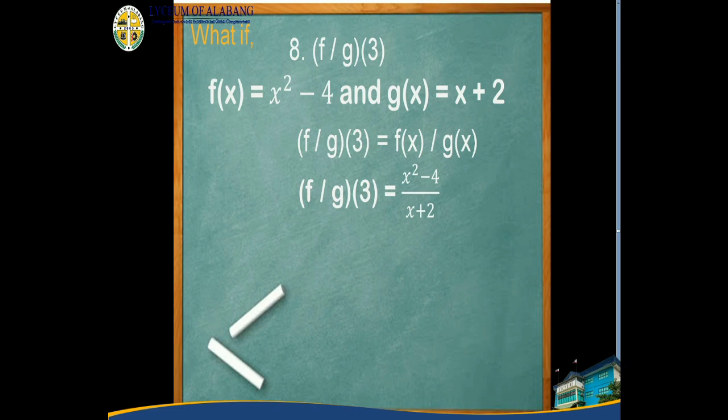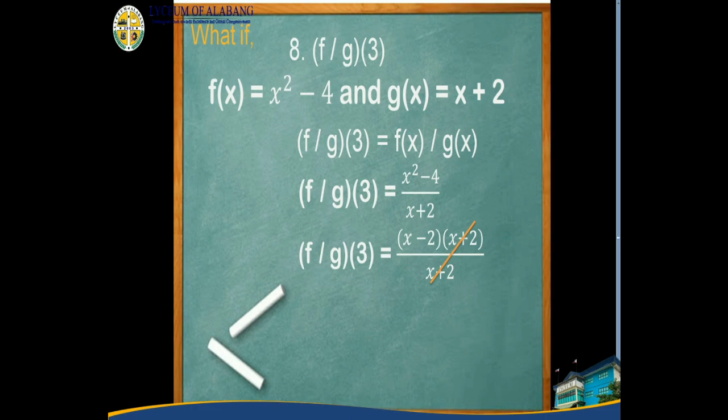If you think the given function is factorable, then simplify the term that can be factored, either the numerator or denominator. And we have x minus 2 times x plus 2 over x plus 2, and cancel out the common terms, which is x plus 2.